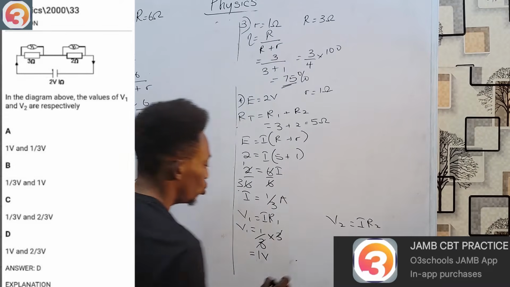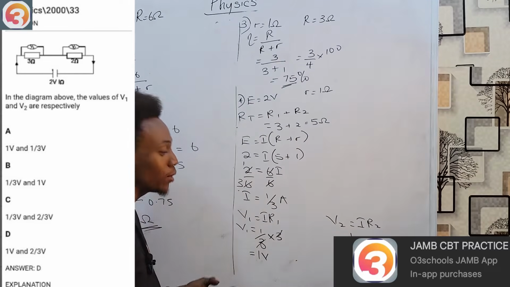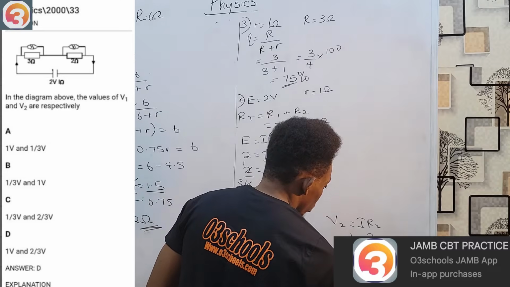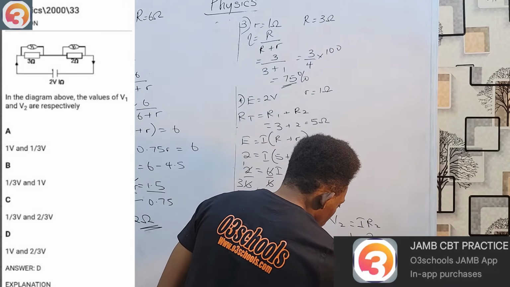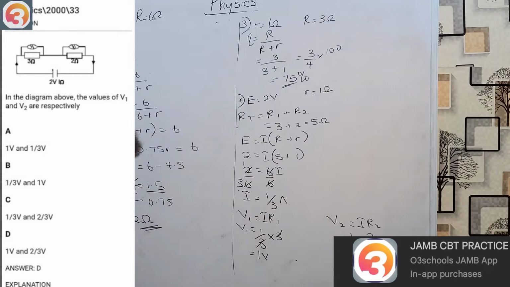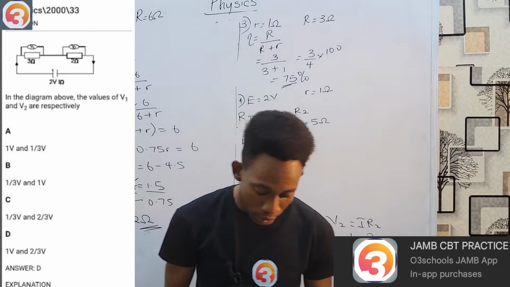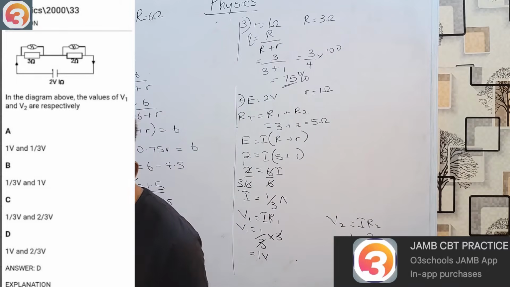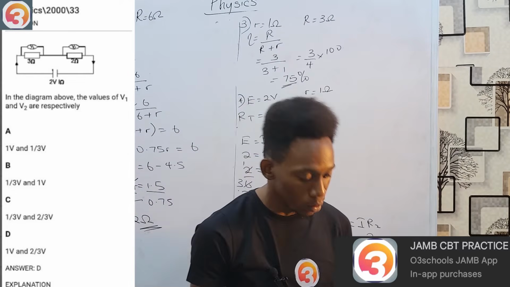Then for your V2, it will also be 1 over 3 for my I times R2, which is 2. So that gives you 2 over 3 volts. So my answer, obviously, being 1 volt and 2 over 3 volts, must be option D. And you see, you can proceed. These questions are very, very simple.